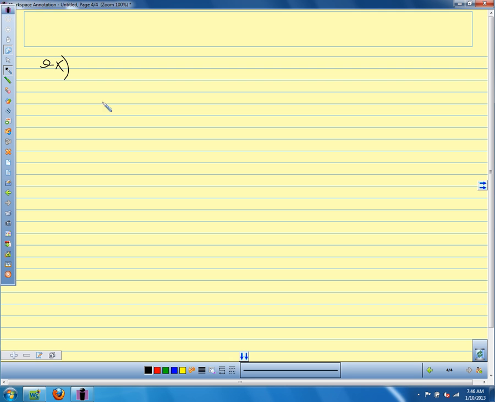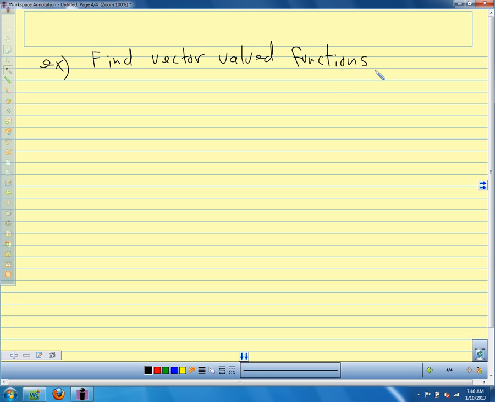We want to find vector valued functions for the boundaries of this region.